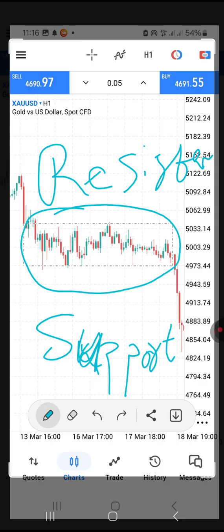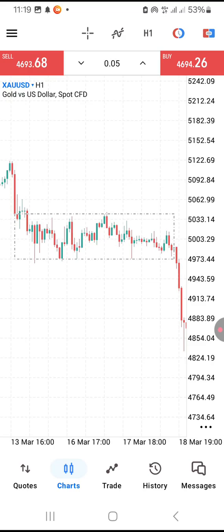So now let's go into understanding higher highs and higher lows. This is one of the most important concepts in trading. Higher highs, which is HH, means price breaks above the previous high. It's just simple.